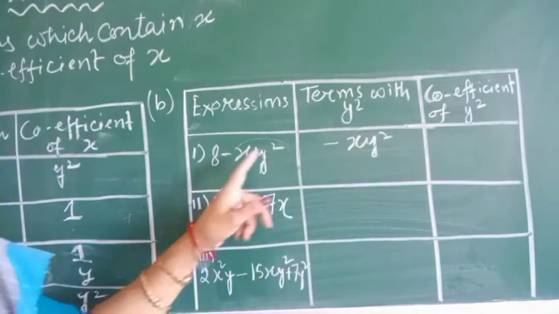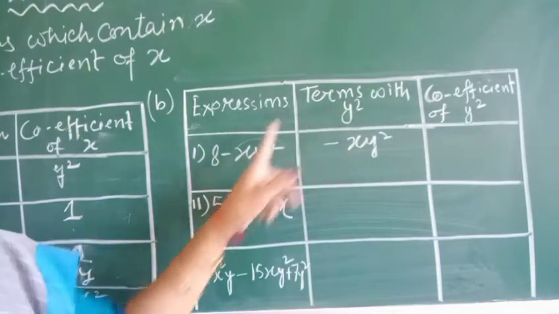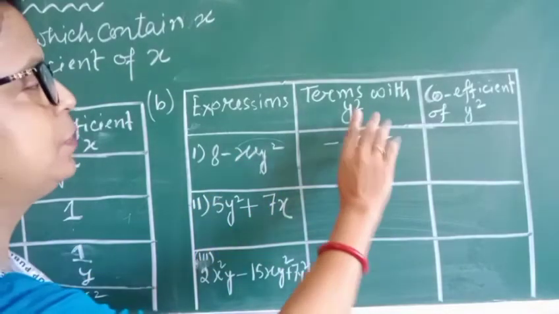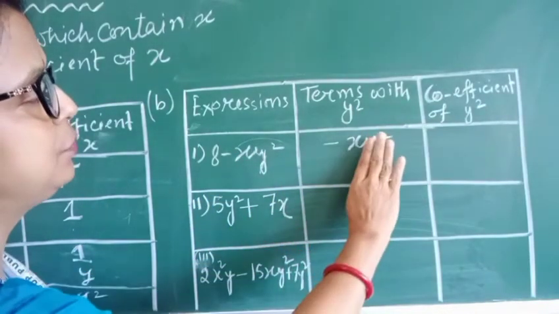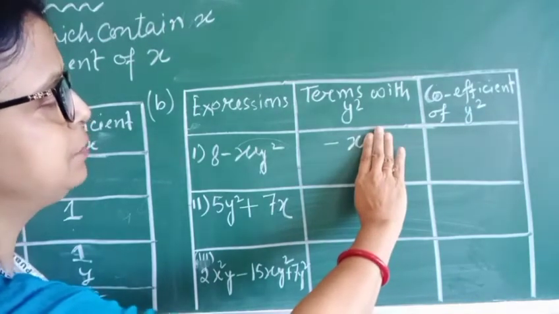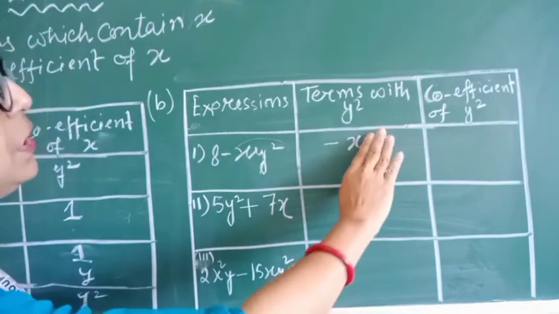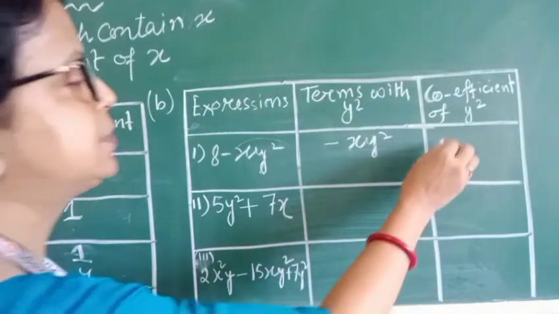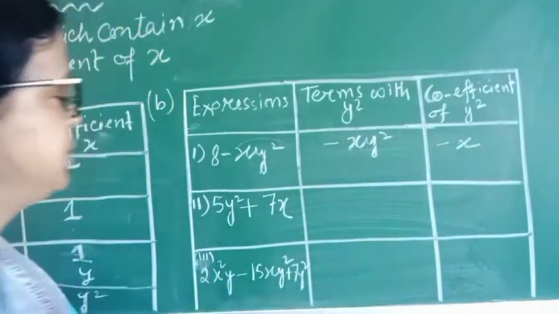Now, because we have to find the coefficient of y square, if I cover y square, then whatever is left is the coefficient of y square. It will be minus x. Yes, it will be minus x.